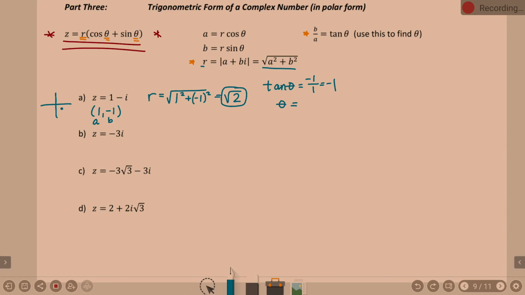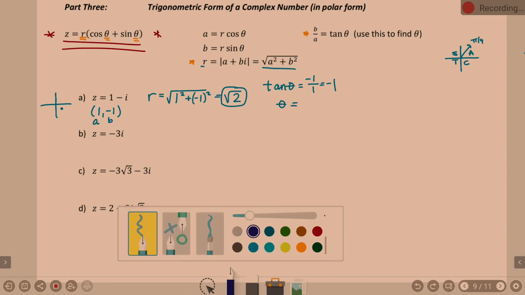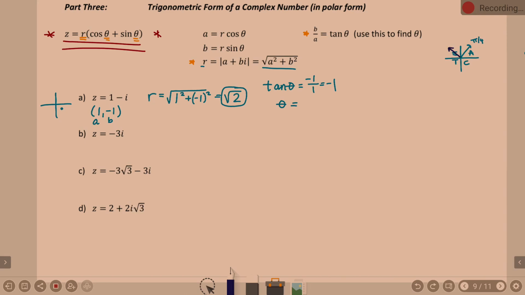Okay. I'm going to come up here for a quick visual. So, pi over 4, but we want which two quadrants? Pi over 4 is quadrant 1. We want to know where tangent is negative. In which quadrants is tangent negative? Quadrant 2 and quadrant 4.